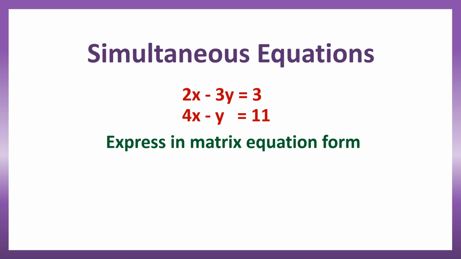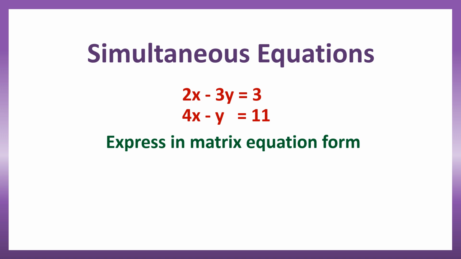Before that, we have to analyze whether these equations are in the same order. Here, the first component is the x component and then the y component in both the equations, and the right hand side elements are also similar. So these equations are in order. Hence it is easy for us to convert them into matrices.